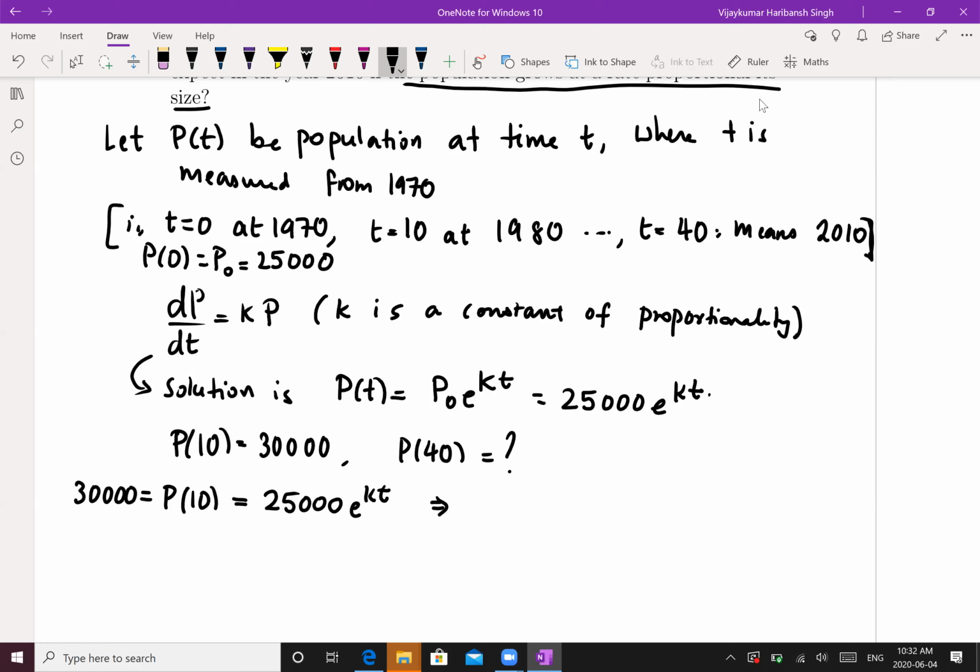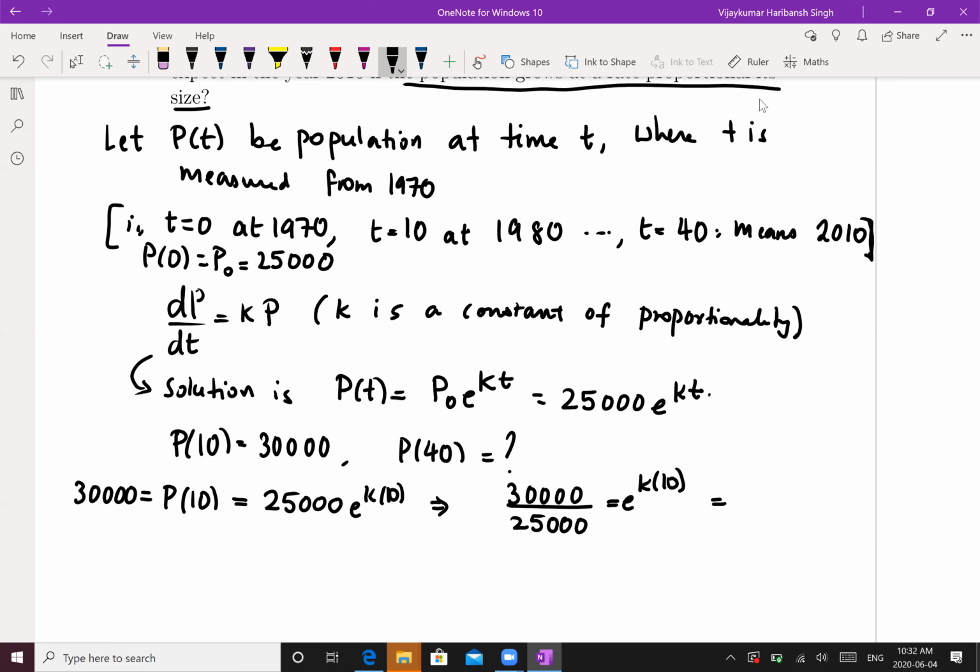Divide by 25,000, and on the other side you get e to the power 10k.